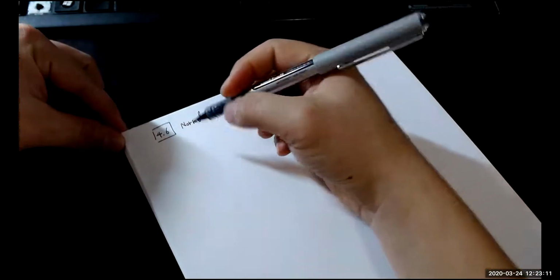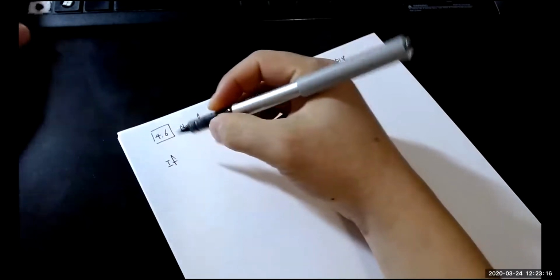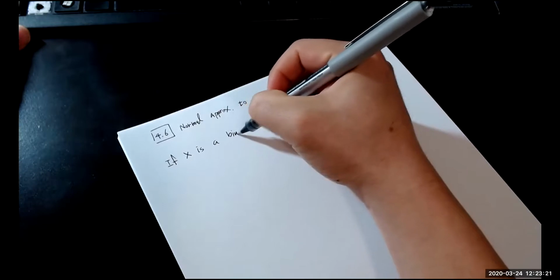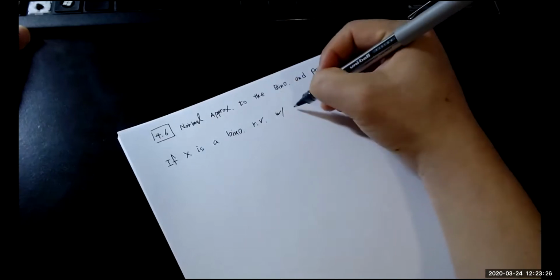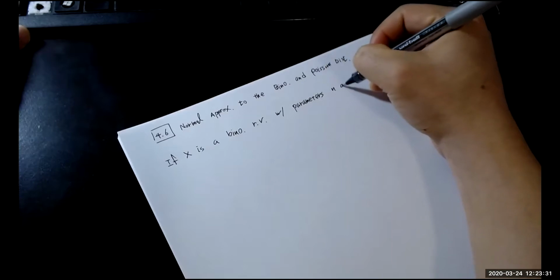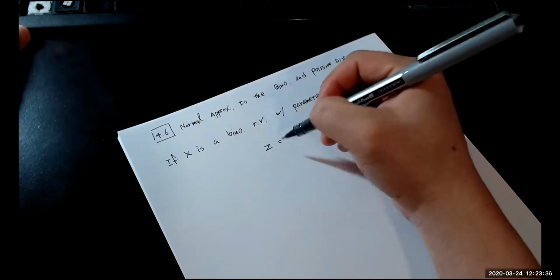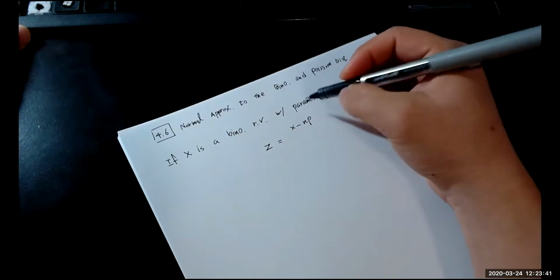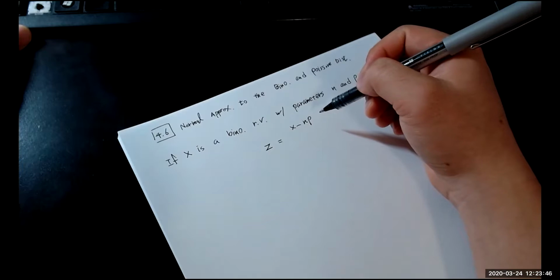So the normal approximation: if X is a binomial random variable with parameters n and p, then Z is equal to X minus np over the square root of npq. You see the z-score, right? np is the mean of the binomial distribution.